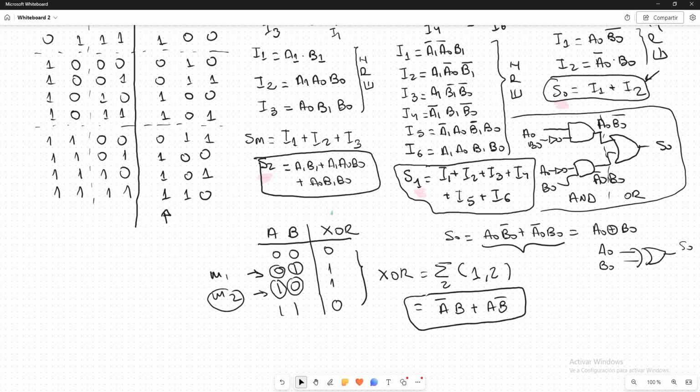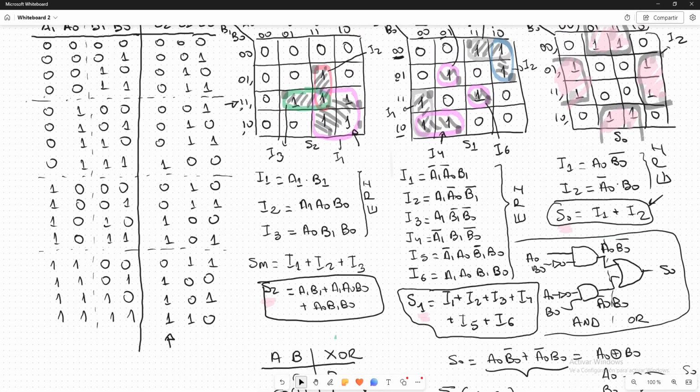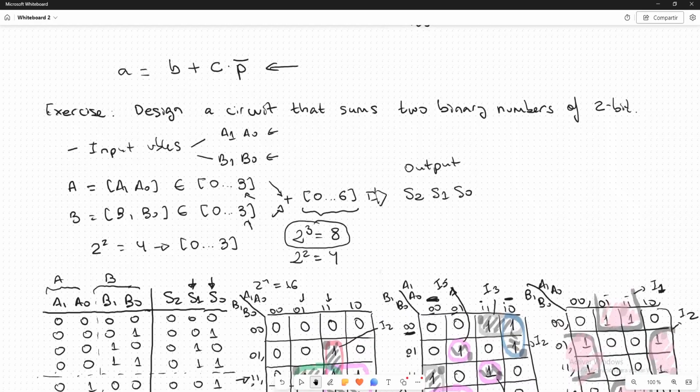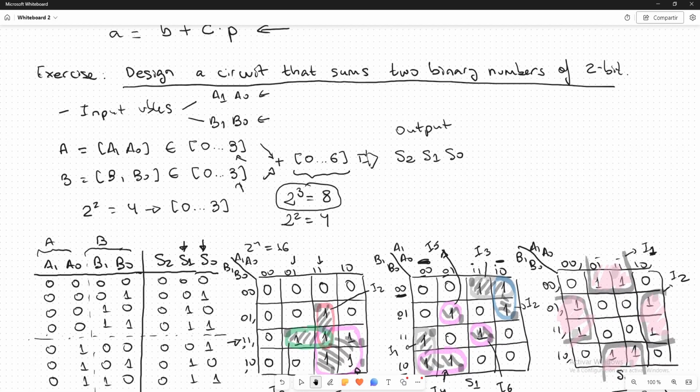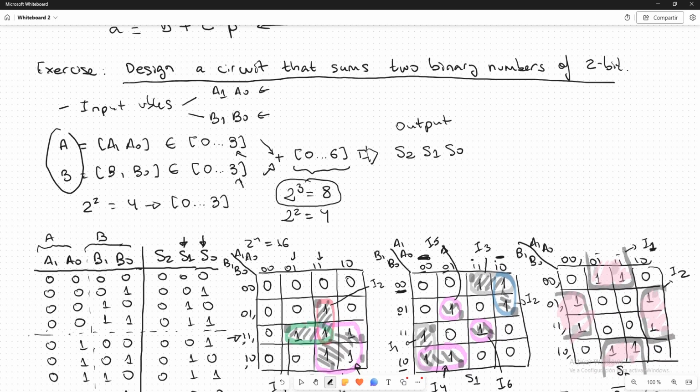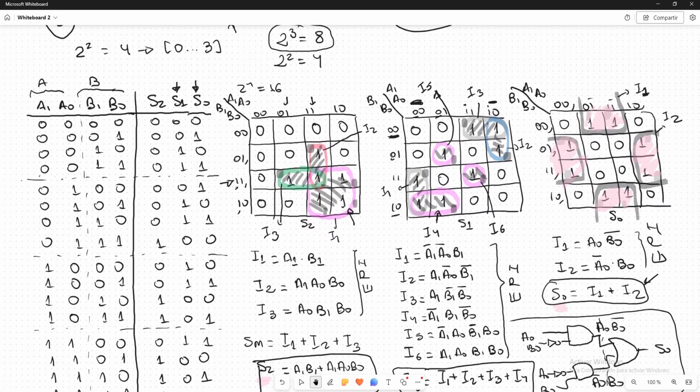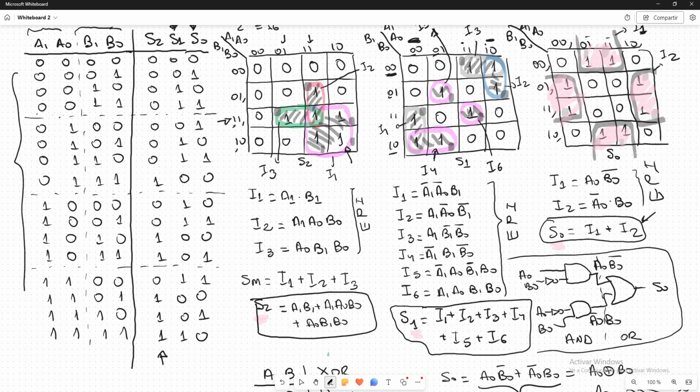So if you see this expression, this is the XOR gate. This is our first example of the design of a logic circuit, just starting with a natural language specification. We have identified the inputs and the outputs, and once we have the inputs and outputs, we have built the truth table here, and we have filled the truth table for the output using the specification given by the problem.